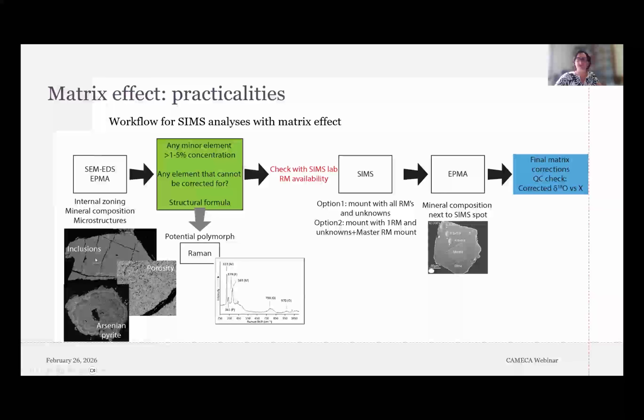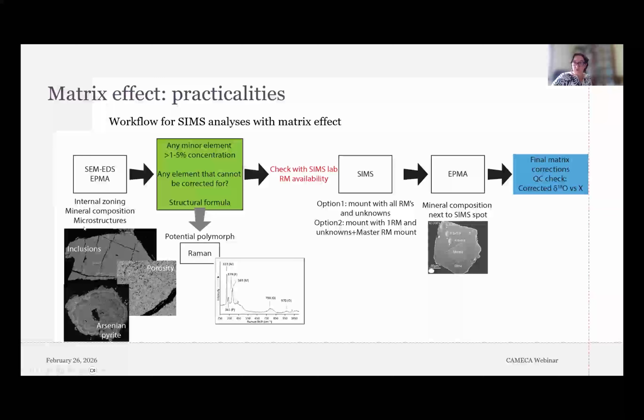I think the very first step that is absolutely necessary is to start with the scanning electron microscope, to do backscattered electron imaging and EDS analysis, first to confirm the mineral composition of the mineral you are actually interested in. For example, for sulfide, it's not always easy to identify by eye which sulfide is which.